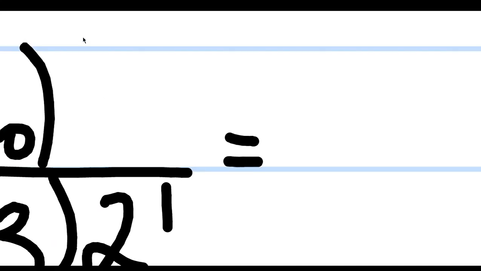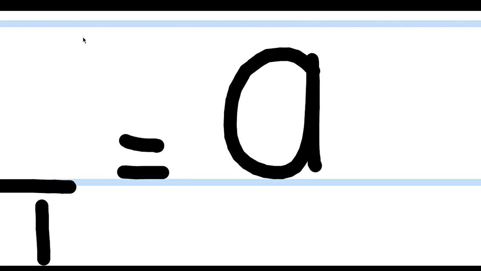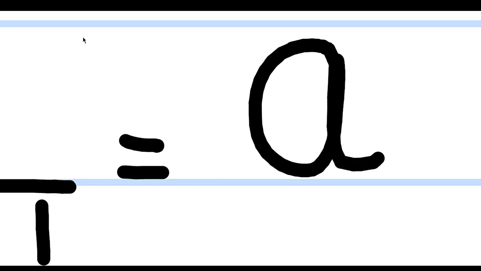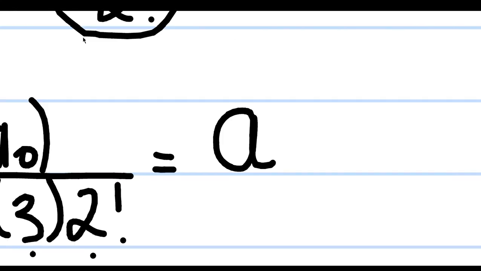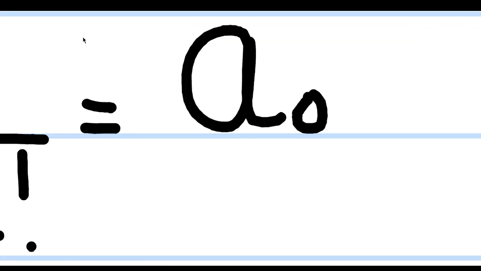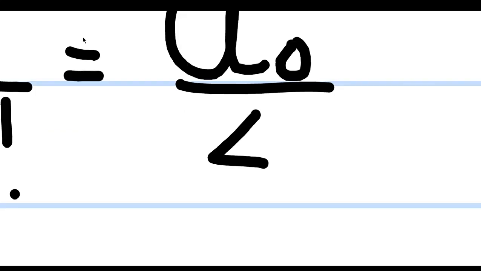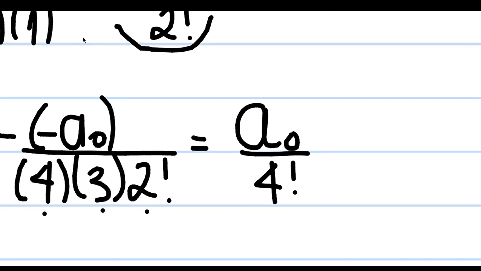A sub 4 would be, minus times minus is a positive sign, so a sub 0 over 4 factorial.